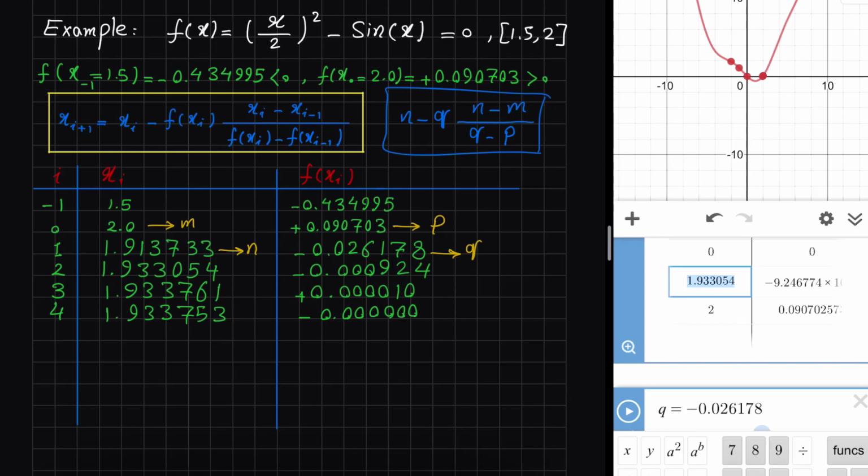So as we see, we are obtaining f(x) as 0, which is the purpose here.